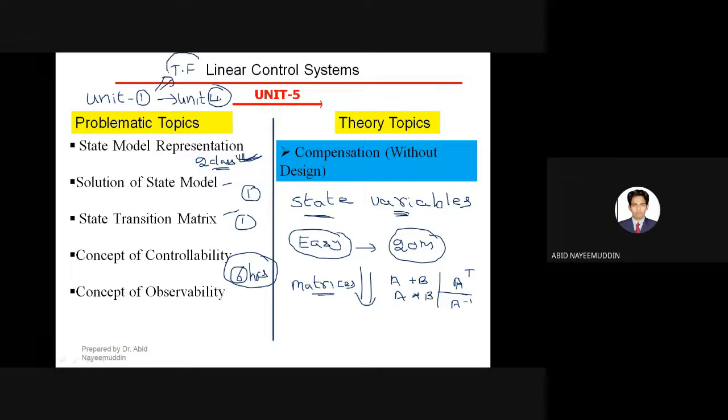We use the transfer function. And what is a transfer function? All of you are aware, the transfer function gives the ratio between output and input, of course in terms of Laplace.